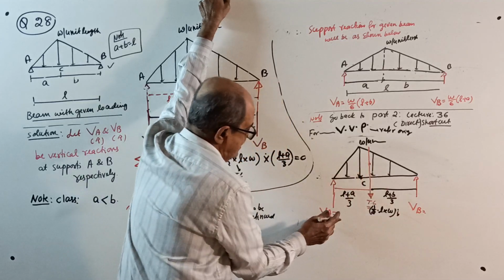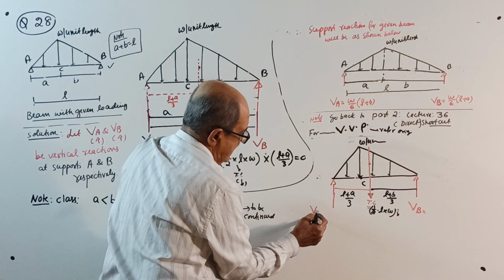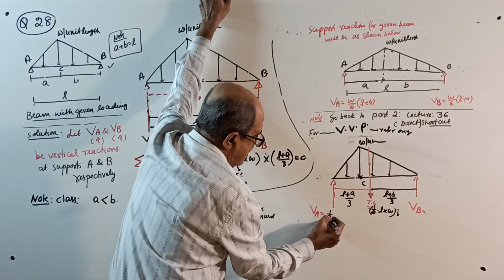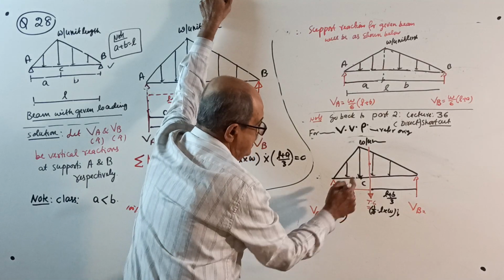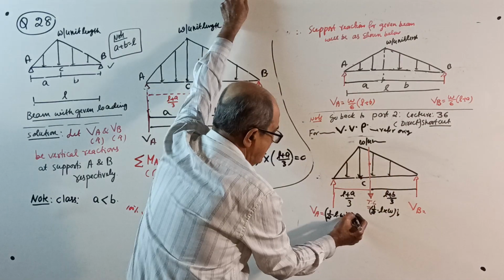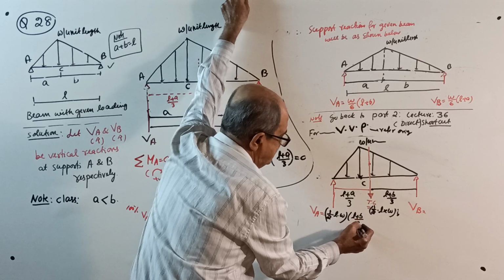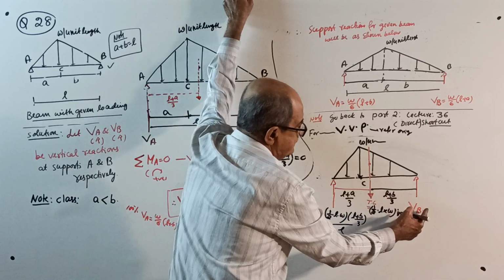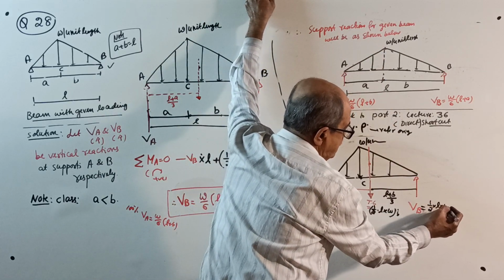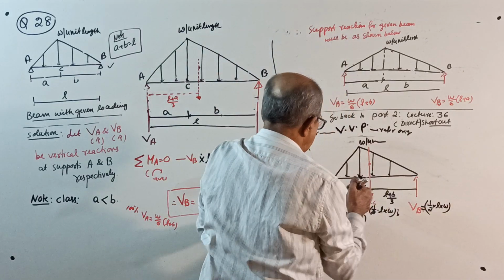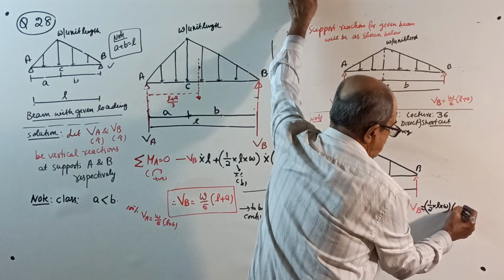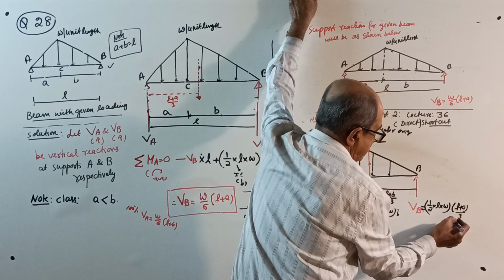In that case, this reaction VA is directly equal to the load, half into L into W, into the other distance of the line of action of the load, L plus B by 3, divided by span. For the reaction here, it is half into L into W, the total load, into L plus A by 3 divided by span.